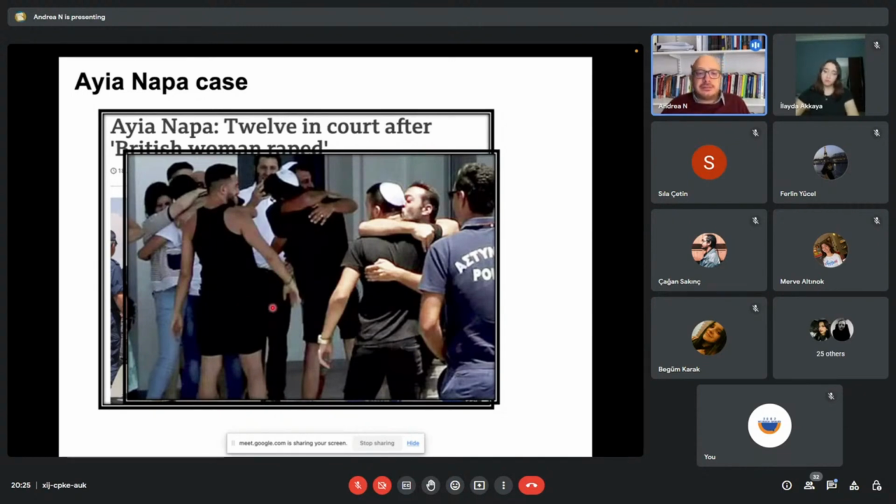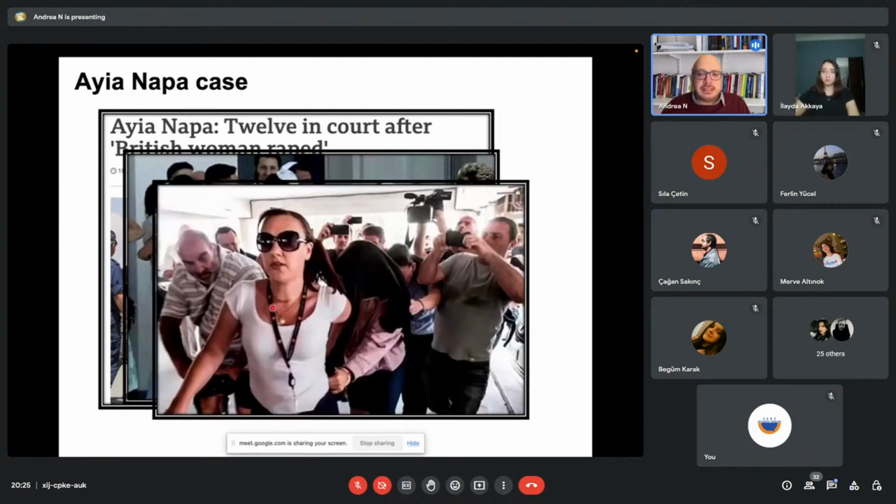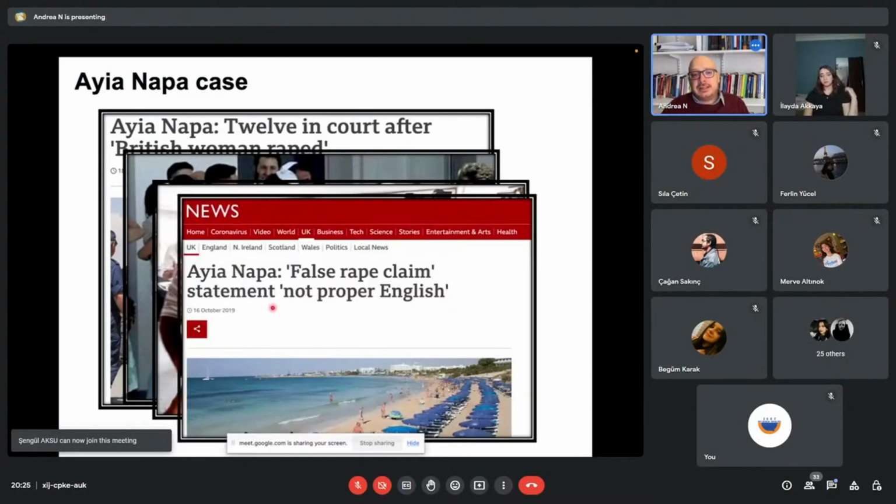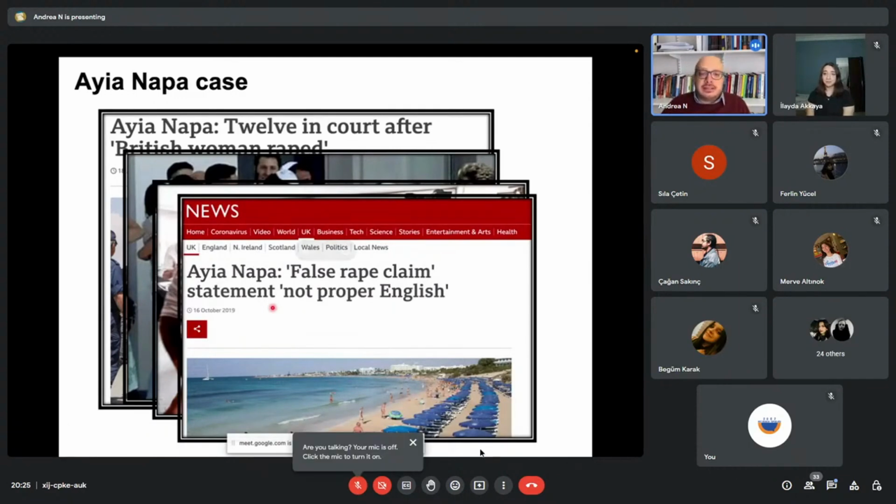On the basis of this second statement, the Israeli men were released and they were able to fly home. But the woman was arrested, because clearly accusing people of raping you is a crime in itself. After she was arrested, she refused to admit that that was actually her statement. What she said instead is that she was forced to write that statement by the police officers.